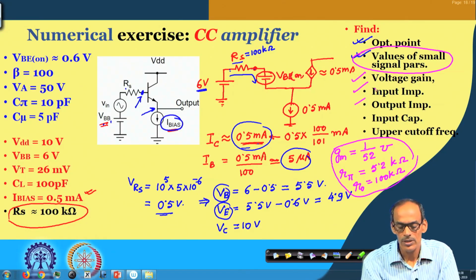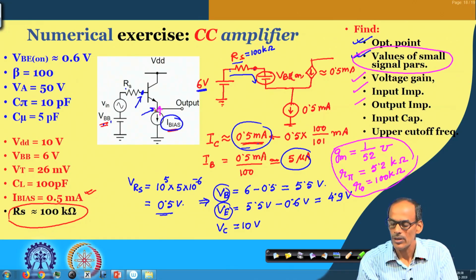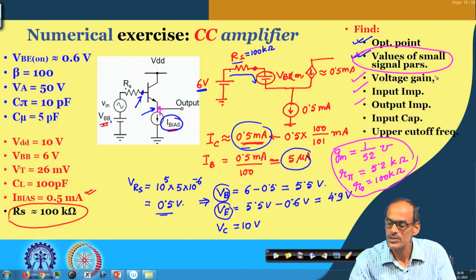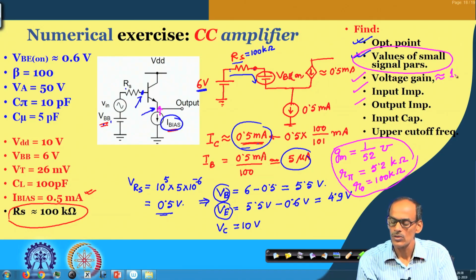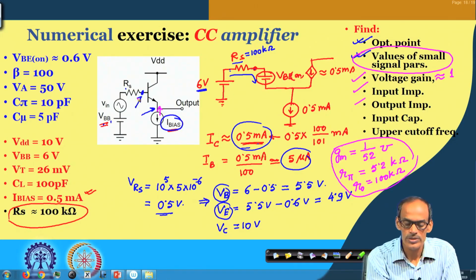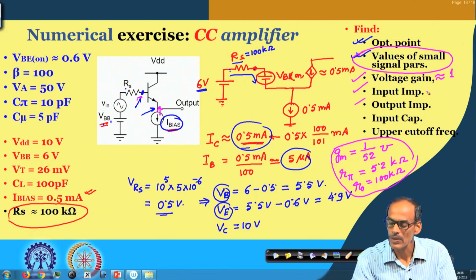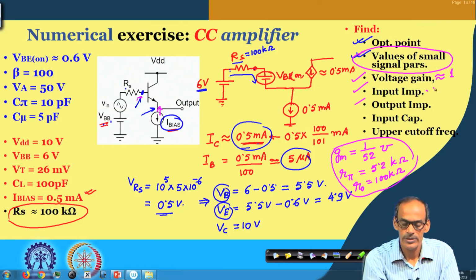In fact, for the output impedance there will be a small change, we will see that, but the voltage gain there is no need to repeat here. Again this will be very close to 1. The input impedance looking into this circuit remains the same, so we will not be considering this calculation.